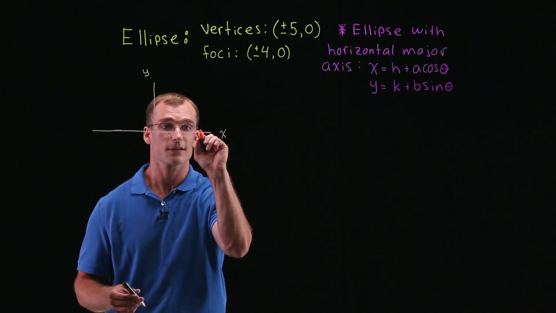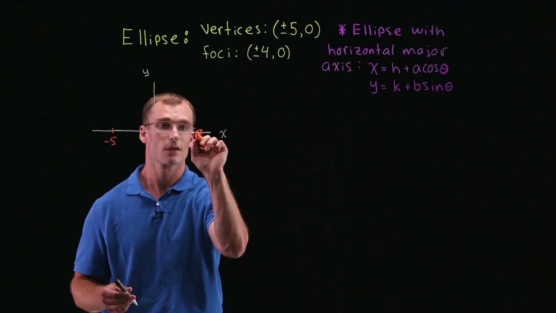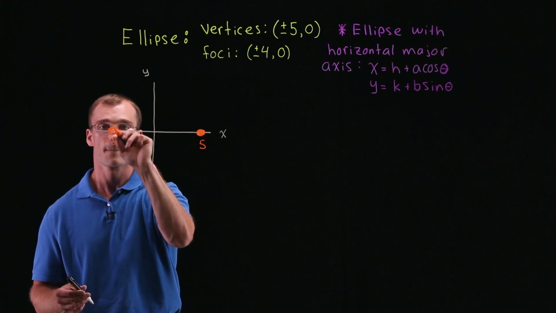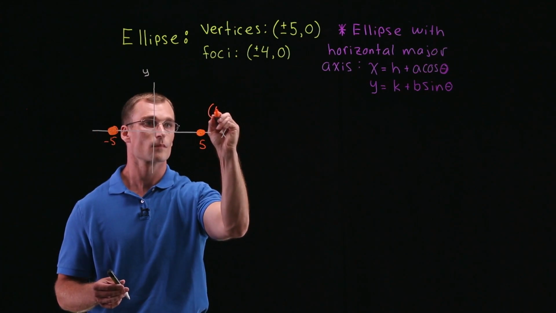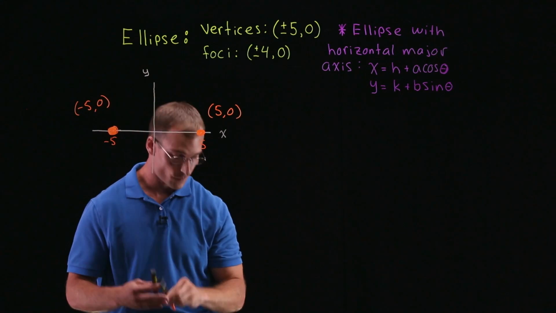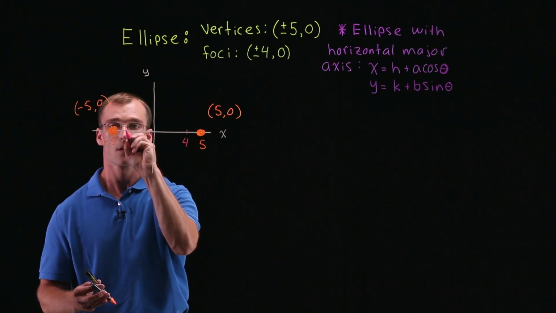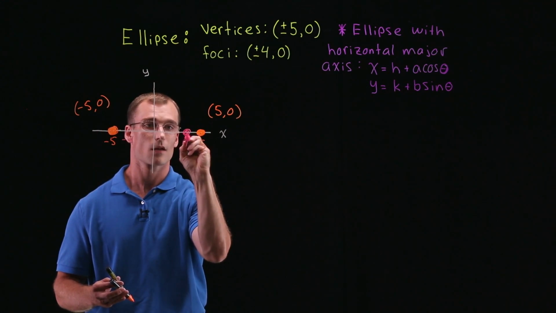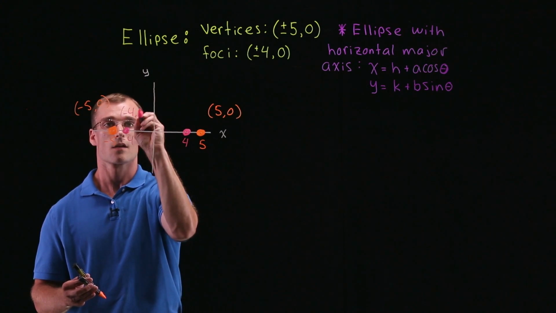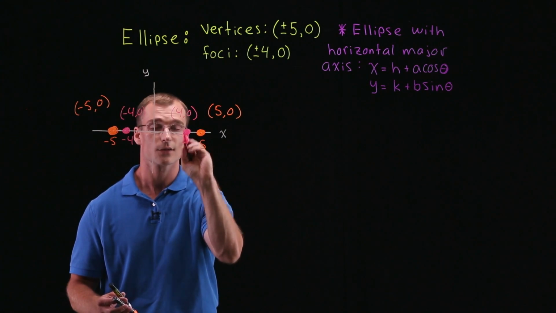So if we think on our x-axis, distance 5 and negative 5, we have our two vertices here, positive 5, 0 and negative 5, 0, and our two foci at positive and negative 4, 0. Just getting a visual and looking at this, what does this tell us?